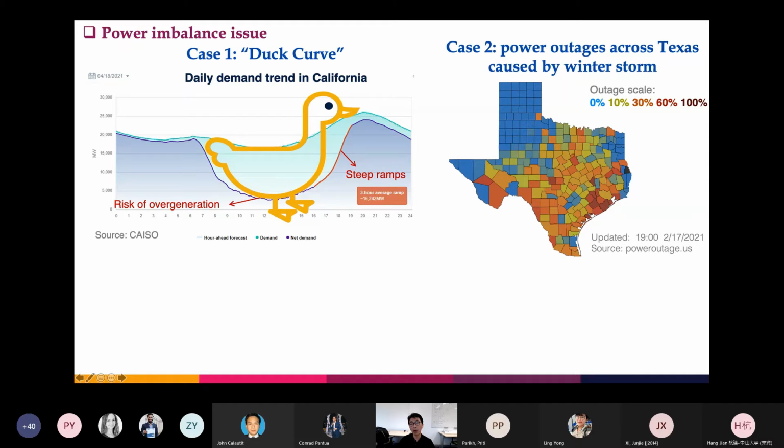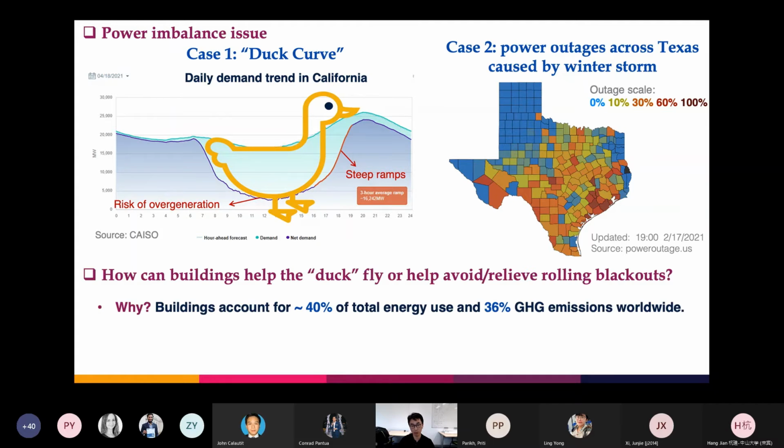Another case is the power outages across Texas caused by the windstorm in February this year. The colors here denote the outage scale, and we can see a large portion of places suffering from the power outage.